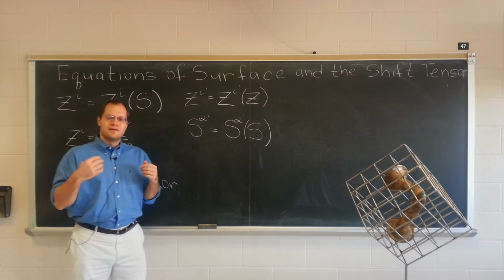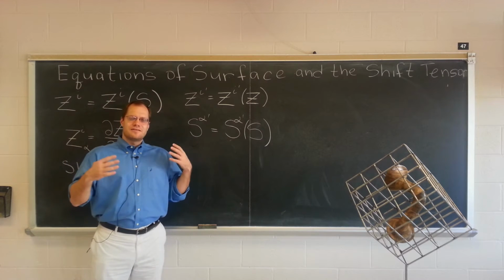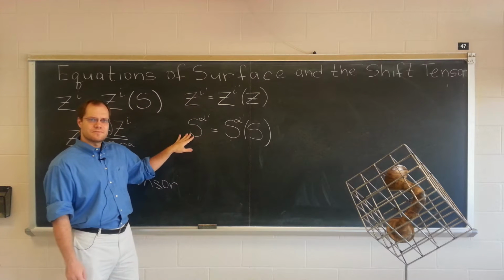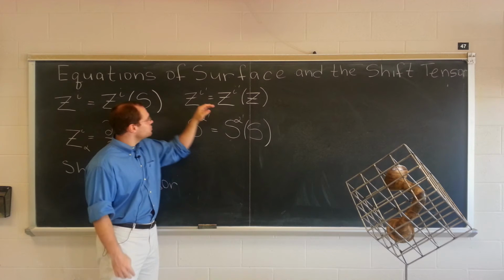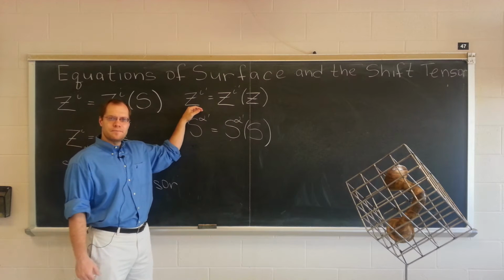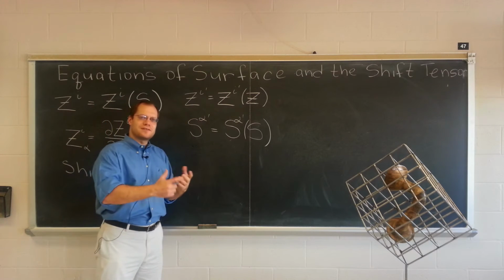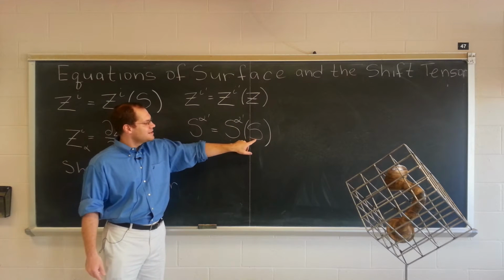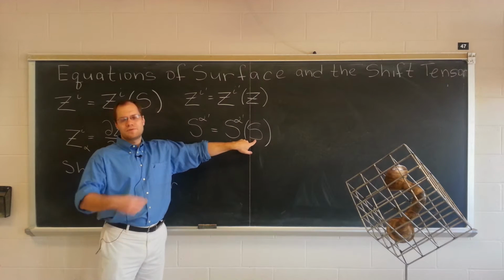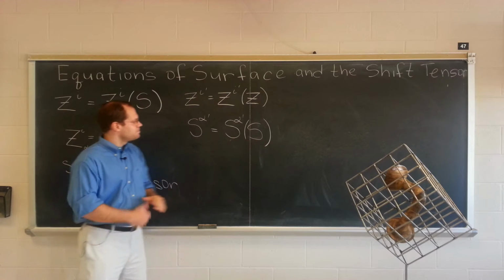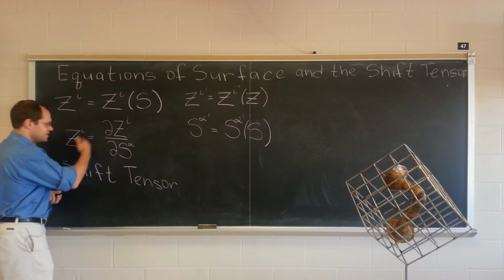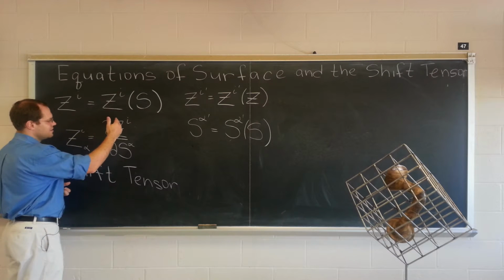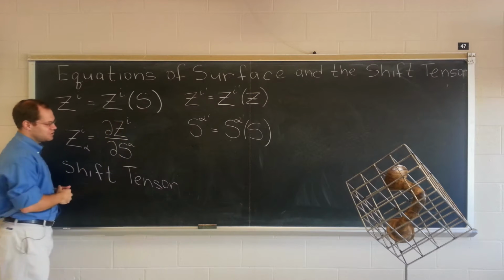So here's the answer. Let's consider the values of the shift tensor in the new coordinate systems. We will refer the ambient space to the new coordinate system Zi prime. And on the surface at the same time we will choose a coordinate system S alpha prime that's different from the previously chosen coordinate system. And we'll compute the shift tensor according to the same rule. We will differentiate the equations of the surface.